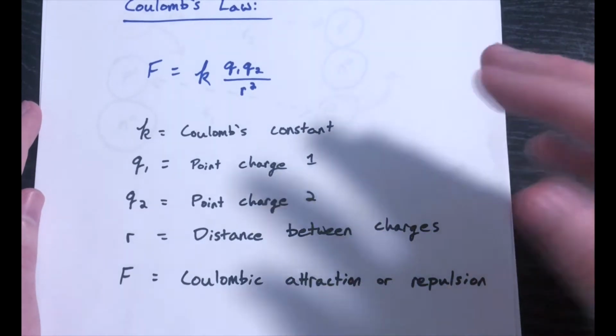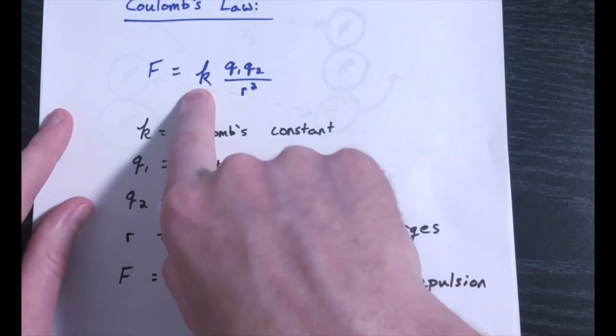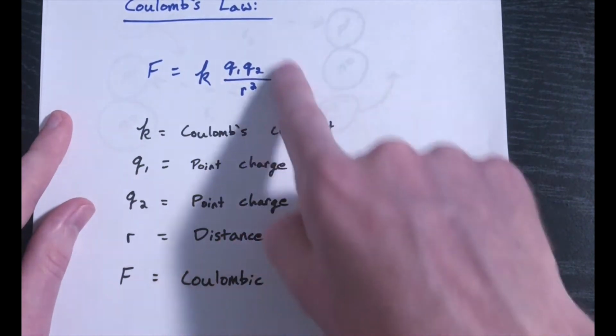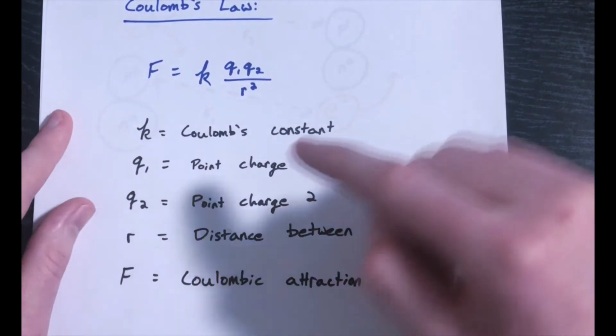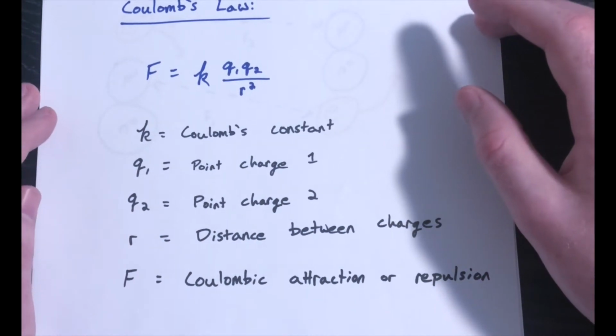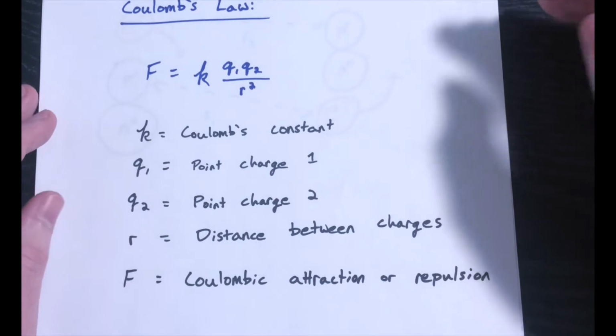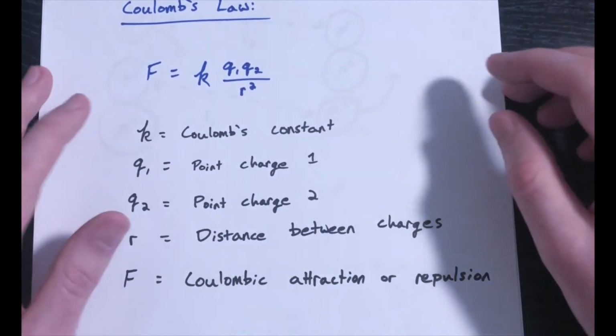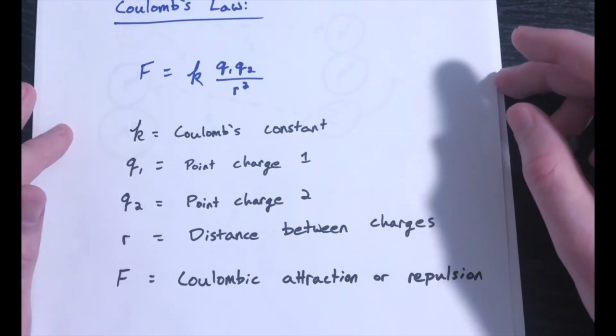So in summary, k is positive, q1 and q2 are positive, r is also positive, so this must be a positive value. A positive force means that there is a repulsive force because you have to input that energy to force the interaction, or input that force in this case, to cause that interaction.